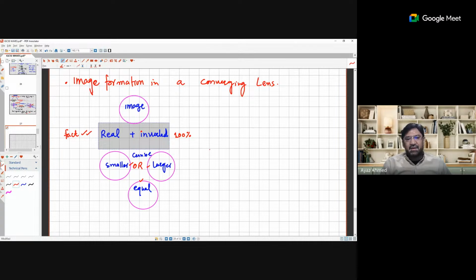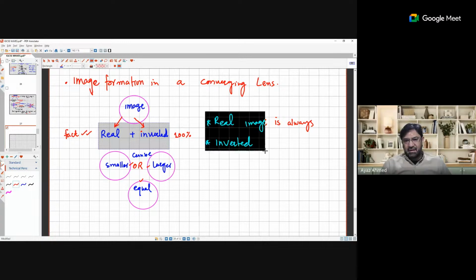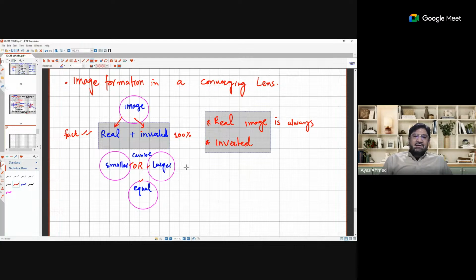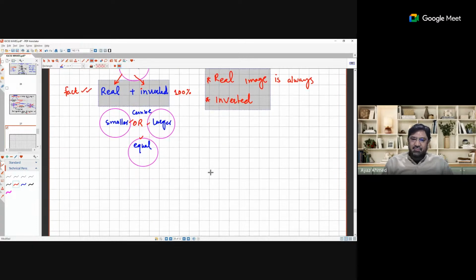Real image will always be inverted. That is why real and inverted are correlated. Is it clear to all? Yes, sir. It can be small, larger, or equal, but it would be inverted.